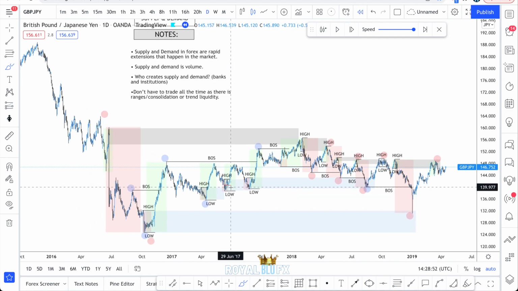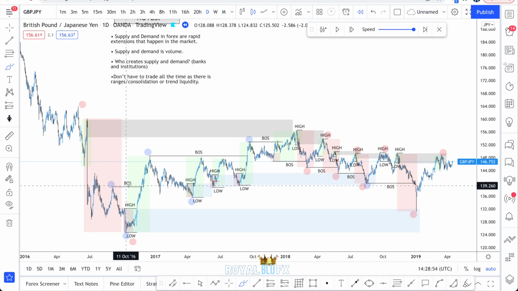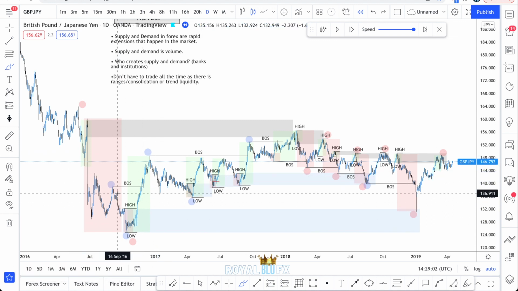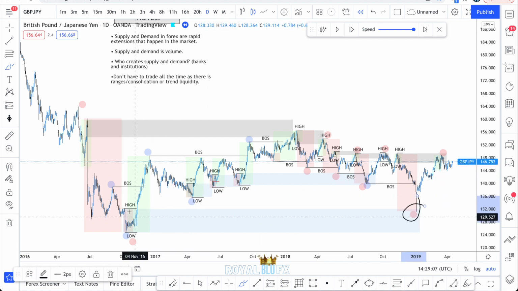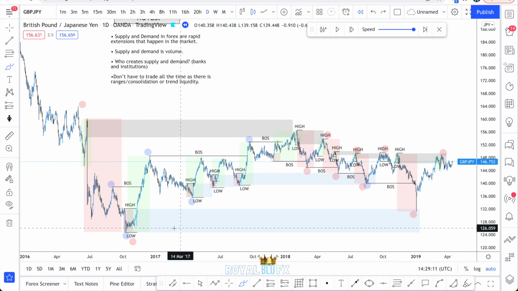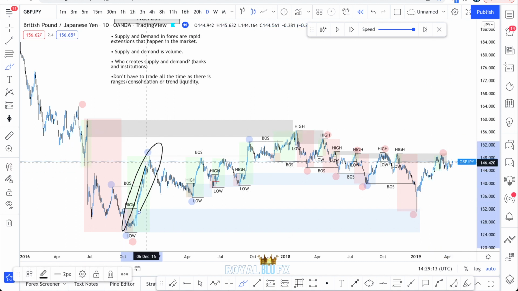As you can zoom out and look at this for yourself, we can see that we had a high broken here. The extension, the demand broke above this last area of supply, hence as to why this area here mitigated right over here, okay, and started shooting price up because of demand being so big in the market.